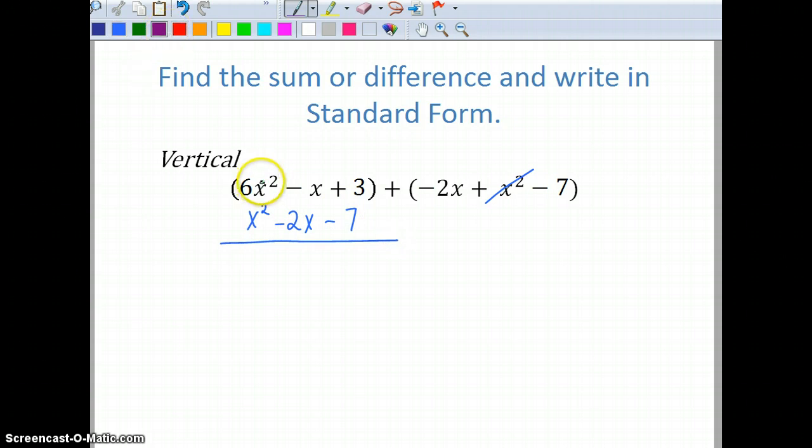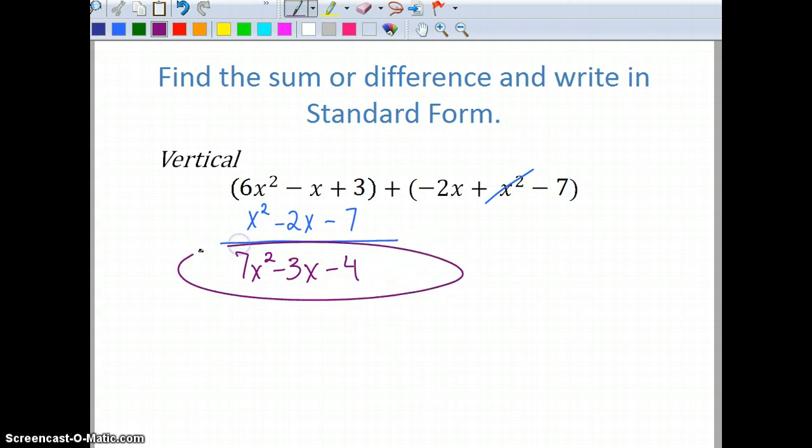Well, what's 6x squared plus 1x squared? Well, that gives me 7x squared. Negative x minus 2x, that gives me negative 3x. Positive 3 plus 7 gives me negative 4. Going to double check one more time to make sure it's in standard form. It is, so that's my answer.